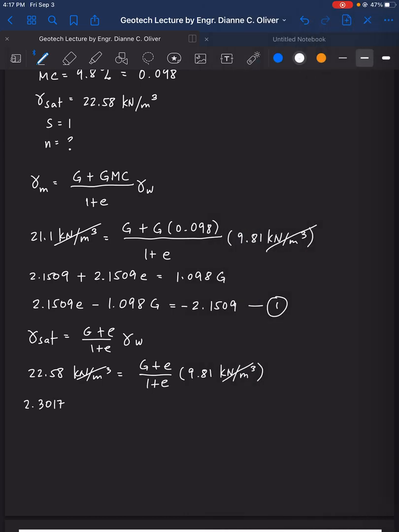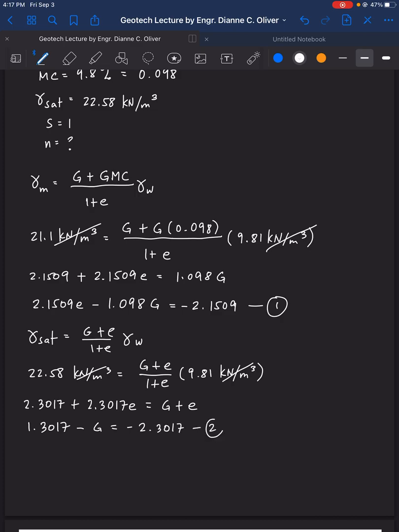2.3017. Then multiply it with 1 plus E. We have 2.3017 E here. And then we have here G plus E. So we put here the E first. So it becomes 1.3017 E because of this we deducted 1, minus G equals negative 2.3017.